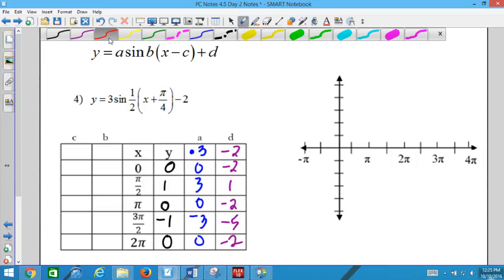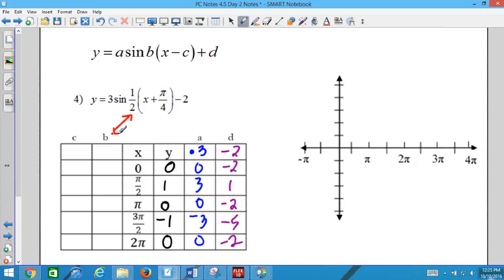Then on the x side, we look at our b value. And what is our b value? Half, so multiply by 2. So that'll be 0, pi, 2 pi, 3 pi, 4 pi. So that changes our period. What's our period going to be?